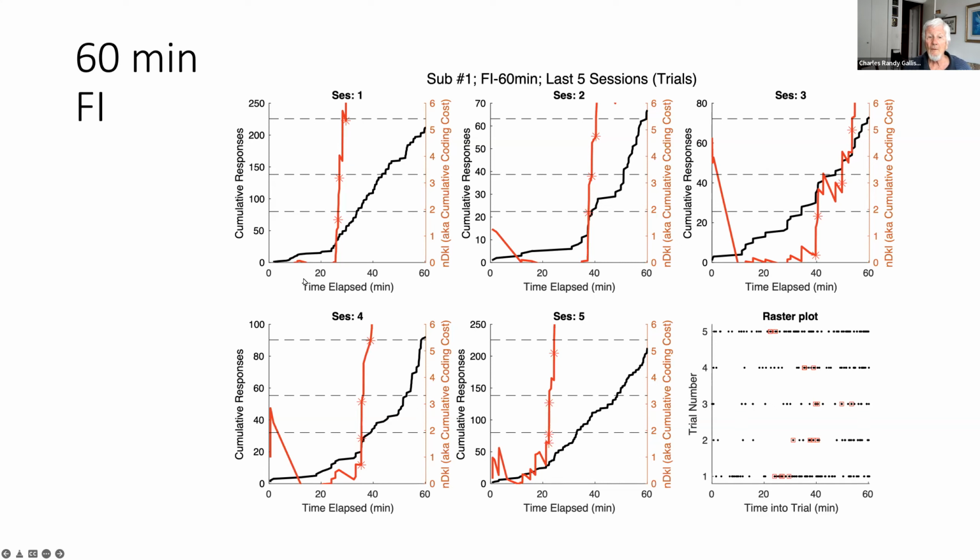To do that, we estimate the initial rate from, I think she used, the first 15 responses. That might take you up to here because the initial rate is very low. So that's our estimate of the initial rate. Then we use the Kullback-Leibler divergence to ask at what point the rate diverges from that initial rate.